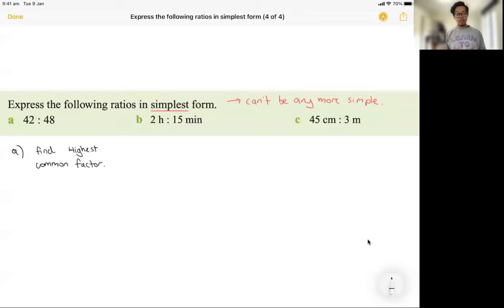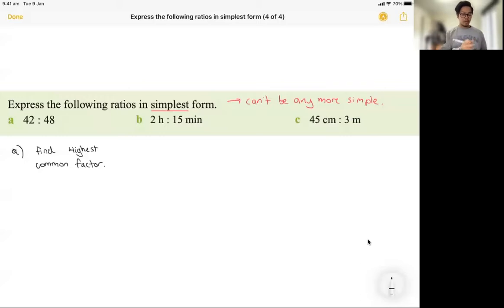That means what number is going to divide nicely into 42 and into 48 without any remainders. Now, I know 1 will go into both, but that's not my highest. 2, that's looking a bit better. 3 is actually going to work as well, but it's not going to be 3. 4 won't work in this case. 5 won't work. 6 will, and 6 is going to be my highest common factor here.